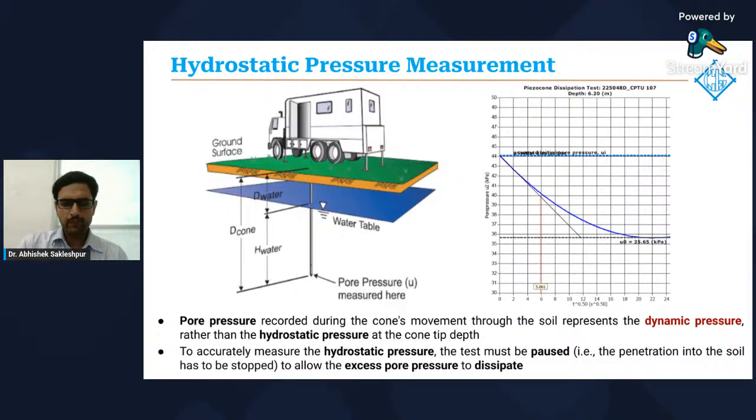So usually when we perform a CPTu pore pressure dissipation test, we wait for the excess pore pressures to dissipate. Once the pore pressure has stabilized, we can calculate the hydrostatic pressure from that and estimate the groundwater table depth. We can also estimate the consolidation and flow characteristics of the soil from CPTu dissipation test results.